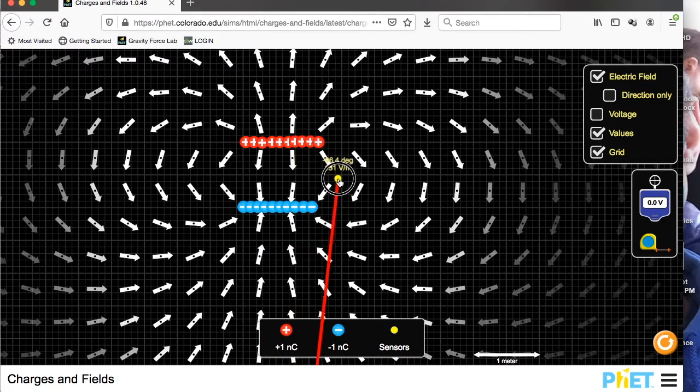It gets weaker as it goes to the edge, but in the middle it's pretty much uniform. This is called a capacitor, and we're going to be doing labs and learning a lot about capacitors. A parallel plate capacitor, to be specific. So yes, the field lines are going to be parallel going between them for the most part. They get more complicated as we go out here. With capacitors, we really care about the space in between them, though.